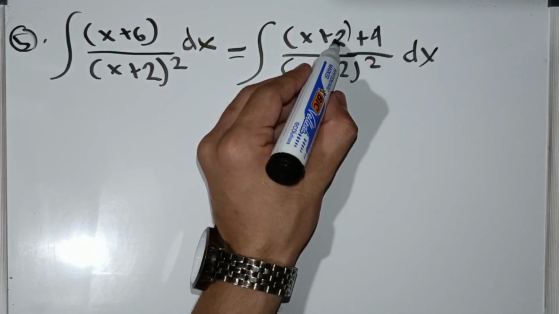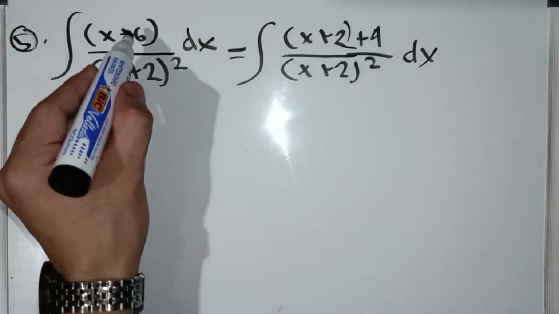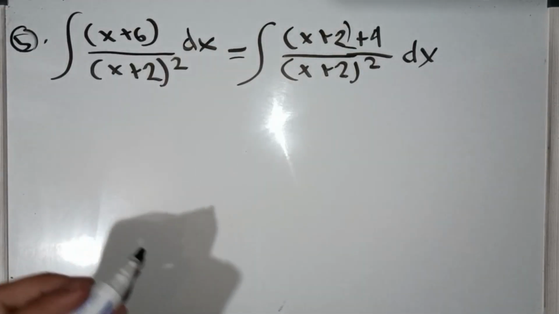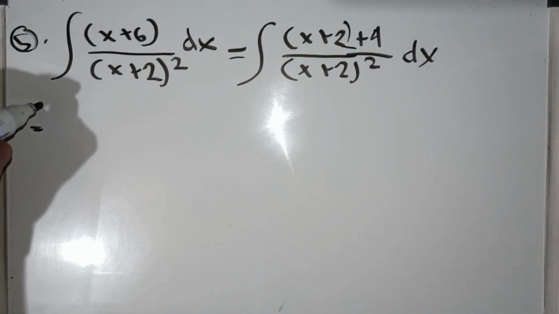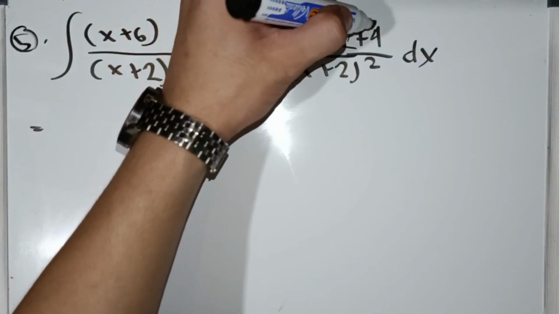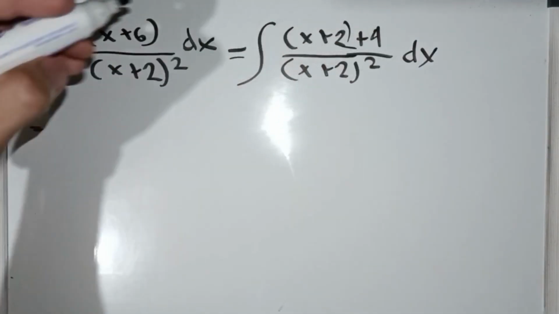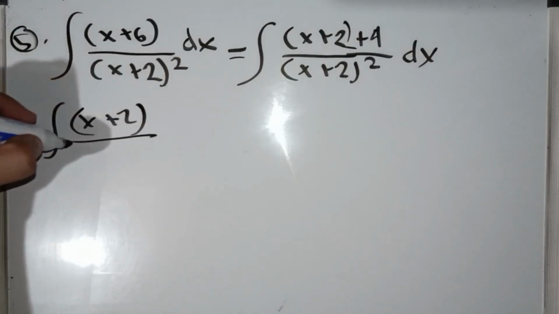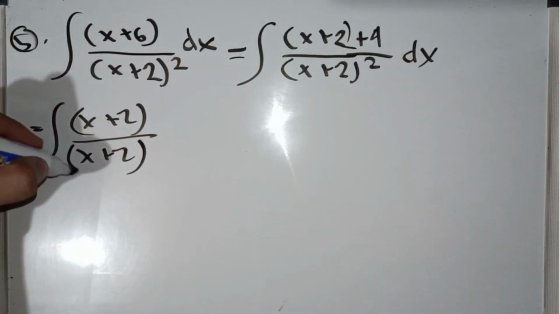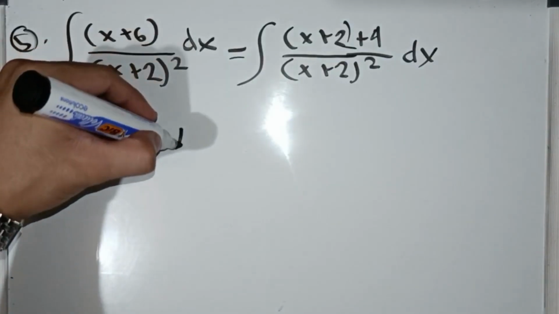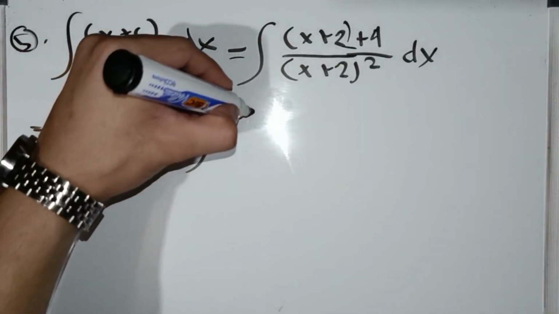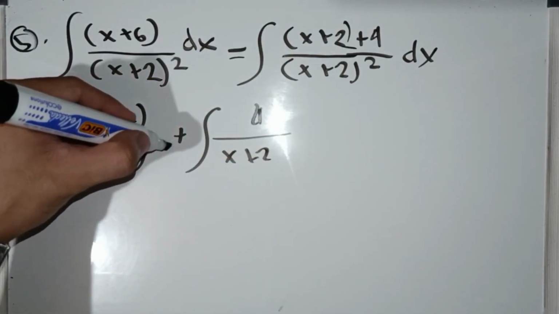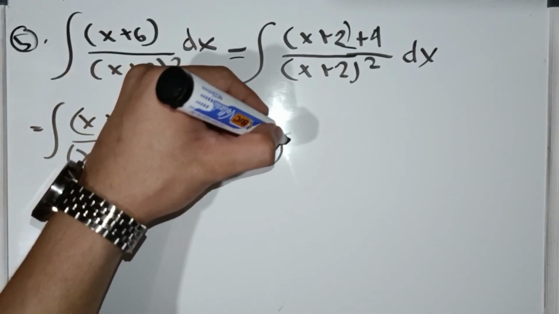We split 6 by adding 2 plus 4, that's why we have 6 here in our problem. Now, let's split x plus 2 all over x plus 2 squared and 4 all over x plus 2 squared. So now we get the integral of x plus 2 all over x plus 2 squared plus the integral of 4 all over x plus 2 squared dx.